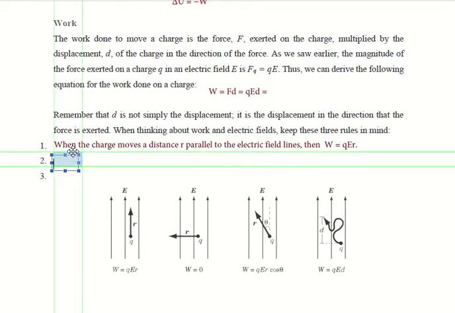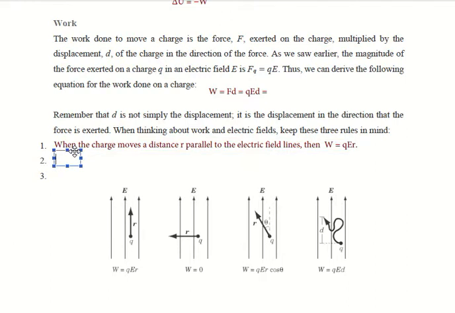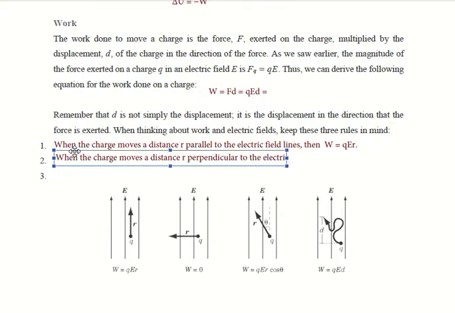The second picture though, what is going on there? When the charge moves a distance r that's perpendicular to the electric field lines, then what is the work there?